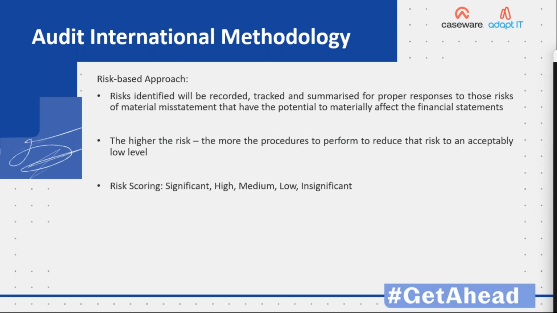I'll introduce it to you just now. What you need to remember is the FSA should have the scoring of the RMM, whether it is significant, high, medium, low, or insignificant. And if the RMM is more than insignificant, then we will perform the audit work. So that's the Audit International methodology.